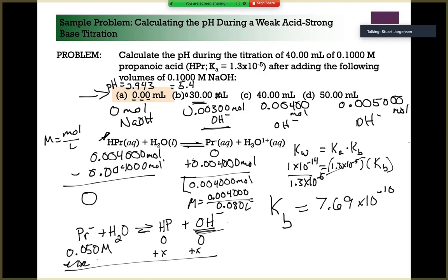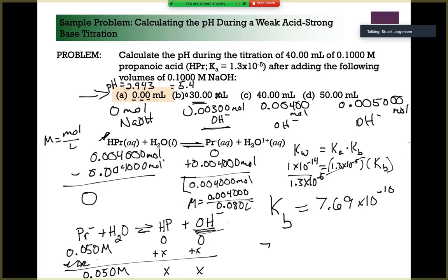I get to ignore this because 10 to the negative 10th is really little. That means at equilibrium, I'm going to have essentially 0.050 molar of this, some X, and some hydroxide floating around in solution. Okay, well, now we can use our Kb, because Kb is going to equal our HP times OH minus, all over our propanoate ion.